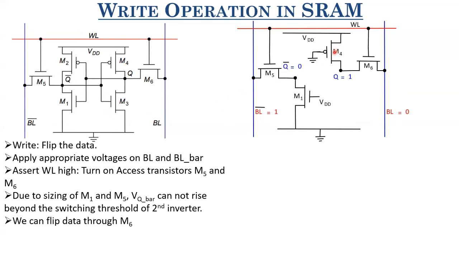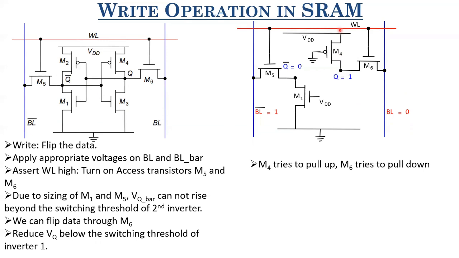So we have to design M4 and M6 to have a situation where the voltage at this node Q reduces below the switching threshold of inverter 1. M4 is trying to pull this towards VDD, and M6 is trying to pull this down.